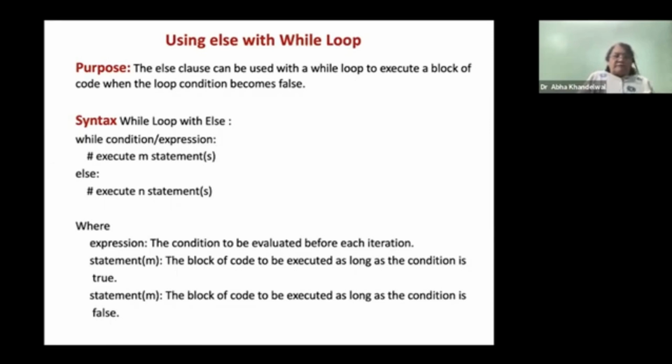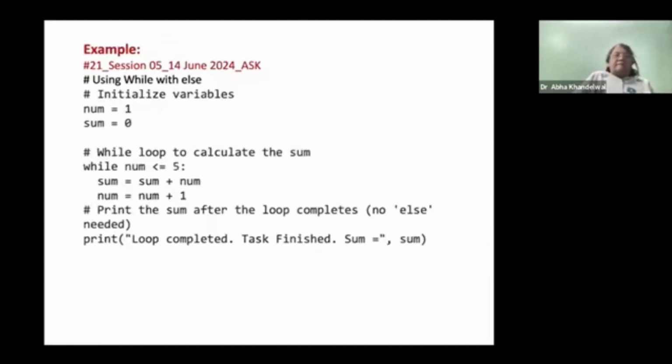Now, in the while expression, the condition is evaluated before each iteration, statement M is the block of code to be executed as long as the condition is true, and this is to be executed when the condition is false. So this is the syntax of while with else.